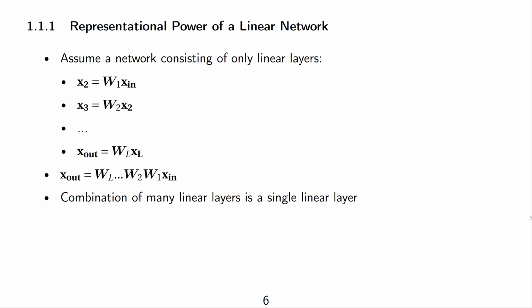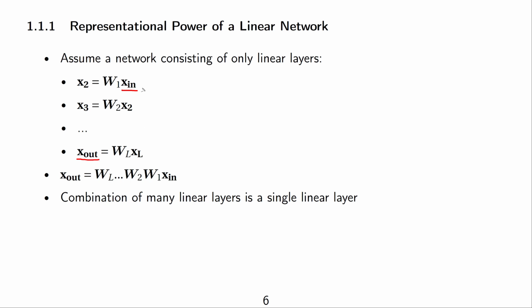The network takes a vector as input, and in each layer, the vector from the previous layer is multiplied by a matrix. So the vector x in is the input to the network, and the vector x out is the output of the network.